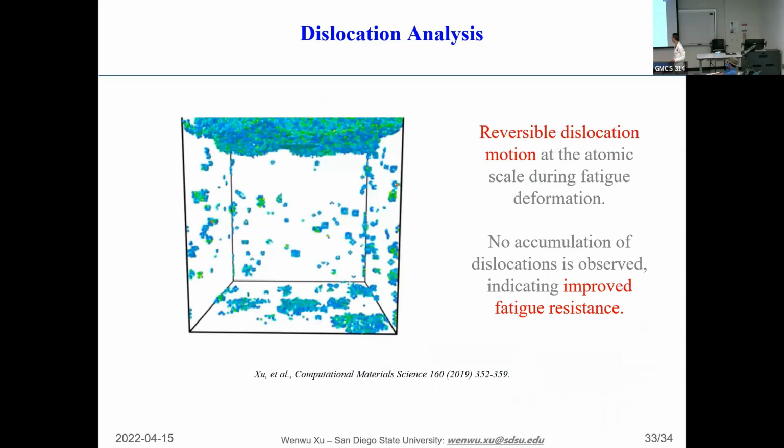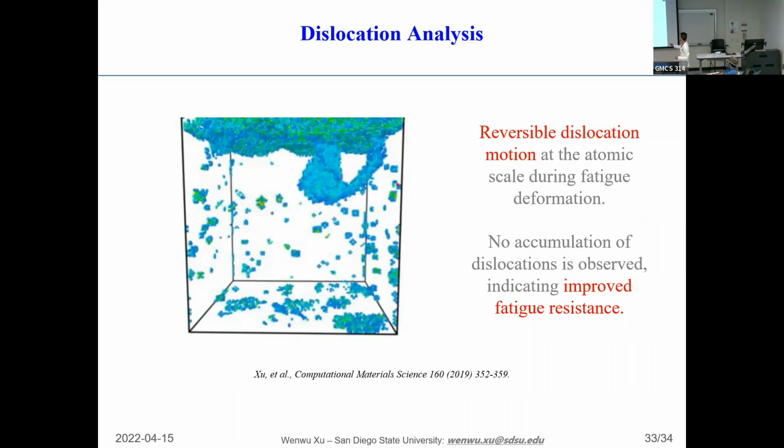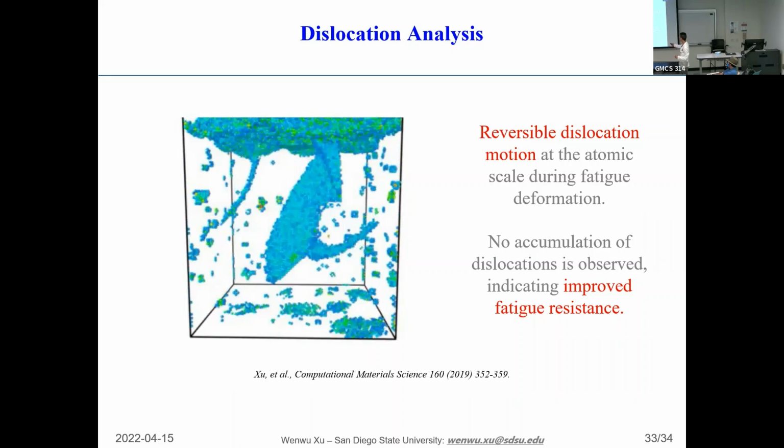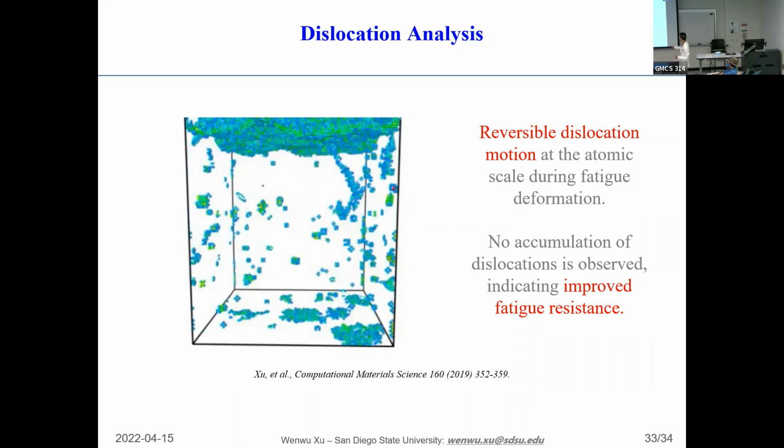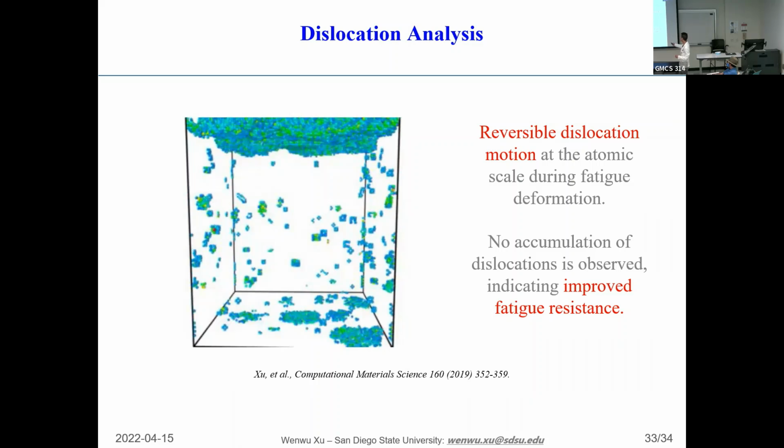But let us take a look at one example, where we take a closer look at a dislocation generated at the grain boundary, moving into the crystal, and then going back. So this is a kind of reversible behavior of the dislocations during the fatigue cycle. We have a dislocation generated, and then it propagates toward the center and moves back to the grain boundary.